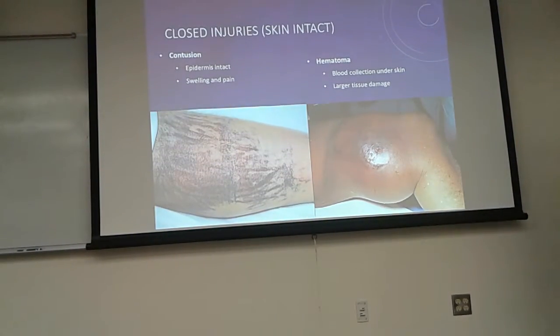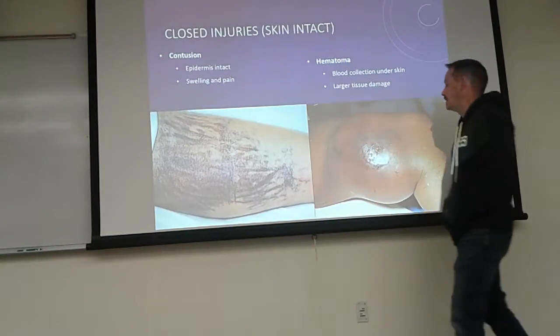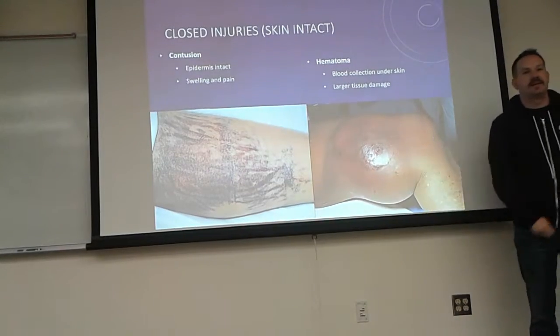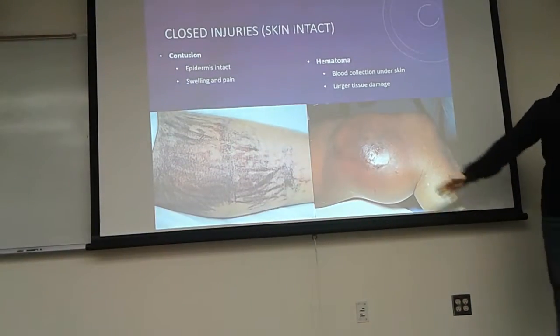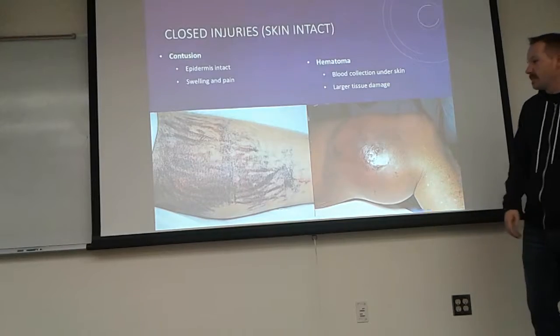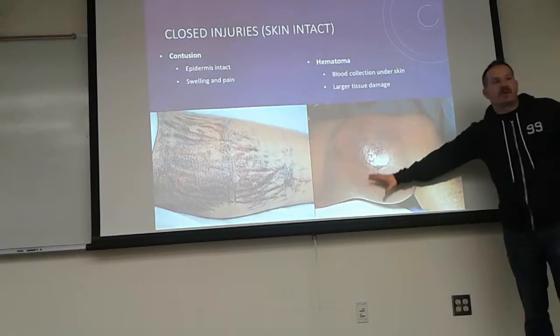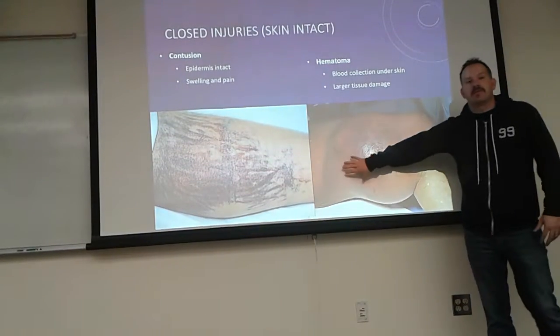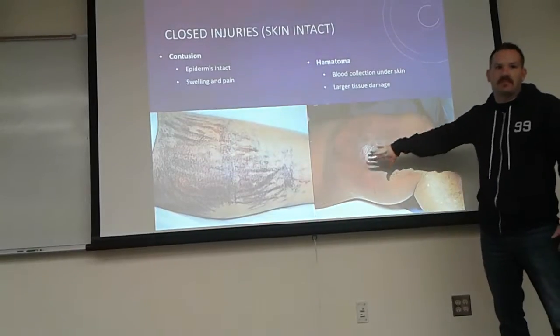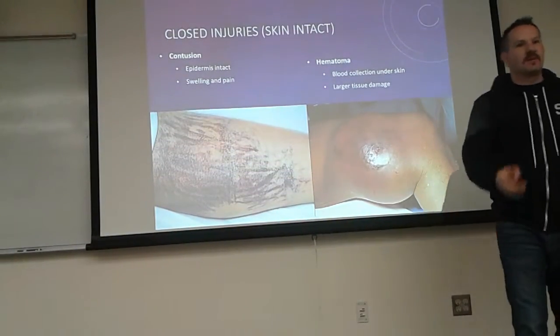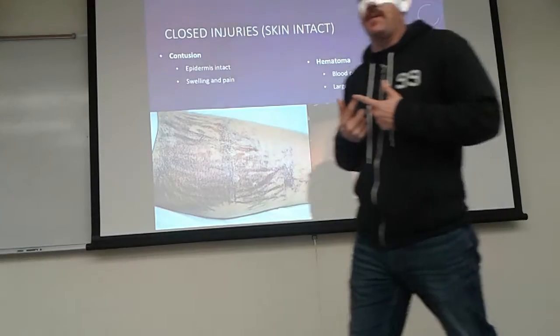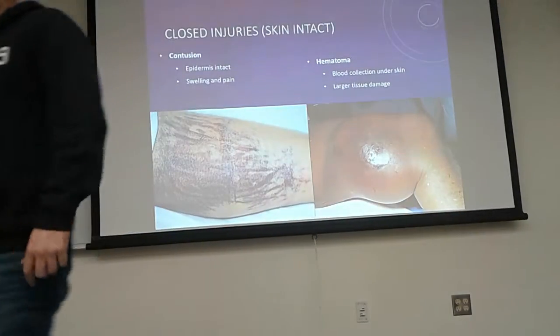All right, contusions versus hematomas. Oh, is that bad? It's not good. So what's happening here? Blood. You're getting a large amount of blood. What commonly happens with these? Anybody ever smash their fingernail and it bleeds underneath their fingernail?